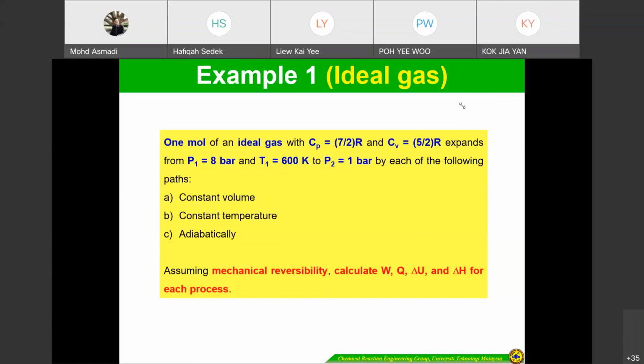Okay, before we go to Virial and cubic equation of state, I thought we would have time today, but we don't have time because there is a problem.